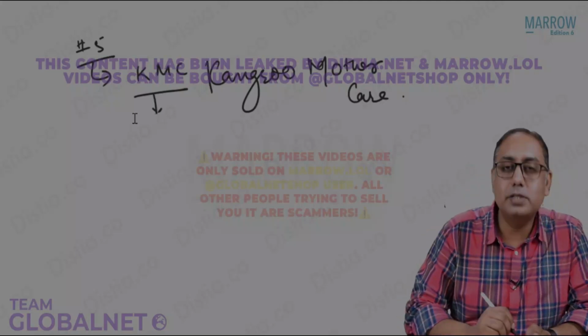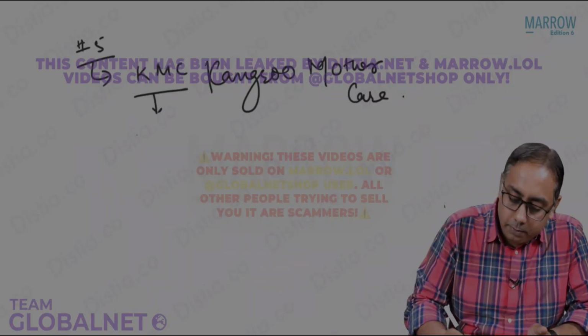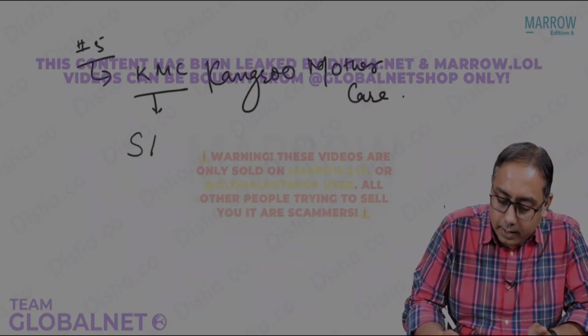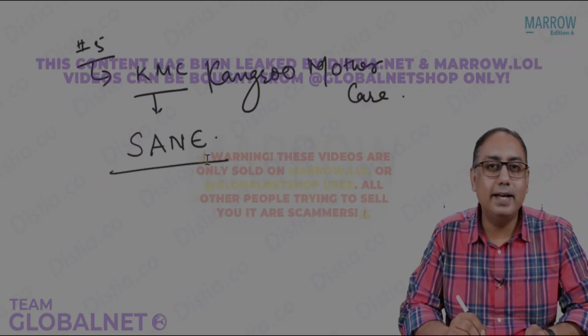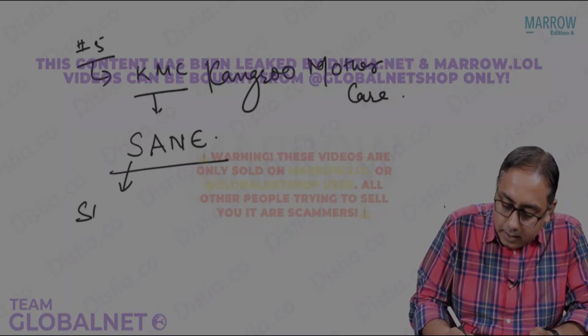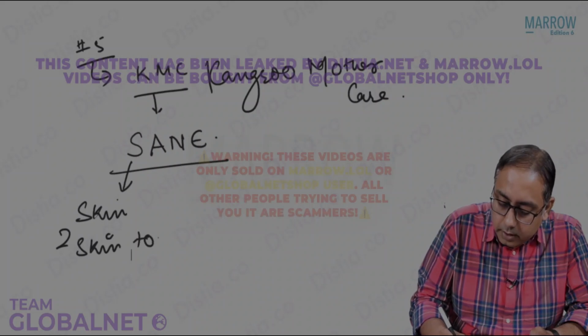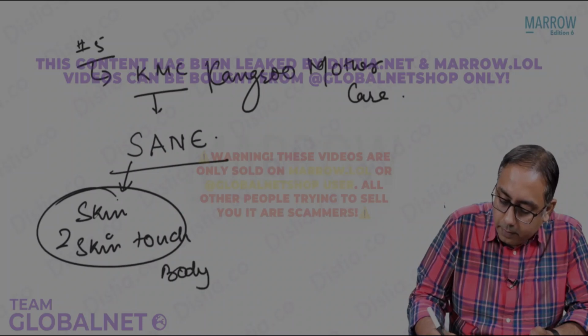So what are the elements and advantages of kangaroo mother care? Kangaroo mother care is going to help in SANE. You can remember it as SANE. The mother will help in skin to skin touch. This is going to maintain the body temperature of the baby.